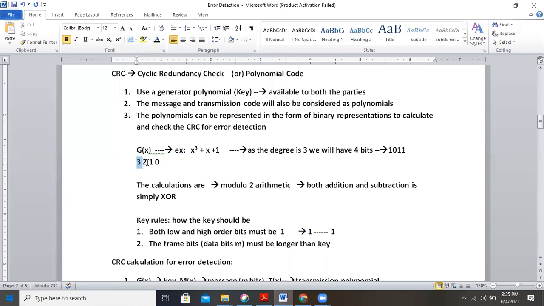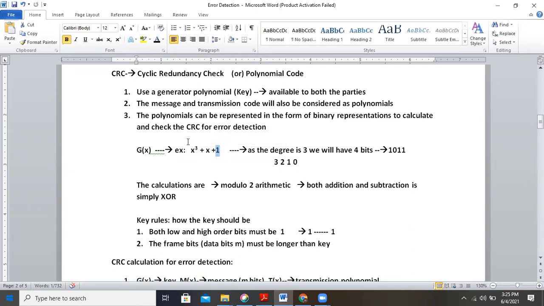That is cube, square, then power 1 and then power 0. So in this equation for the cube element we have x power 1, we can write 1, which means what?